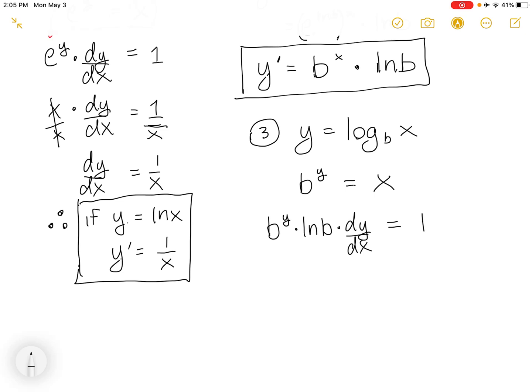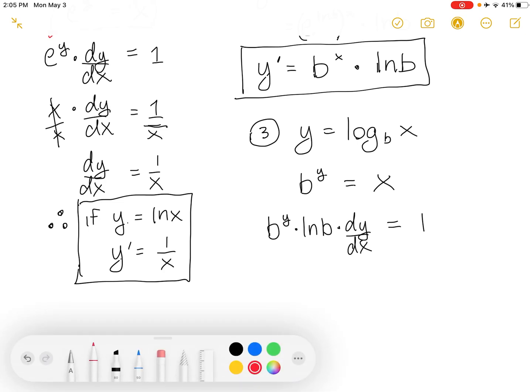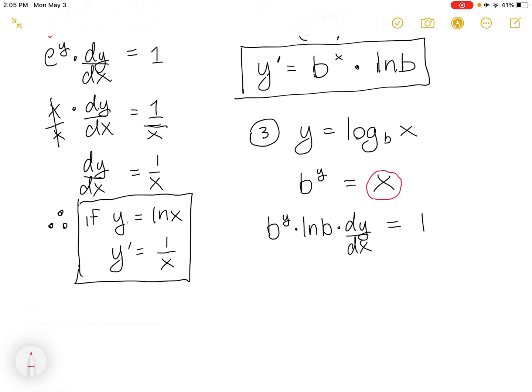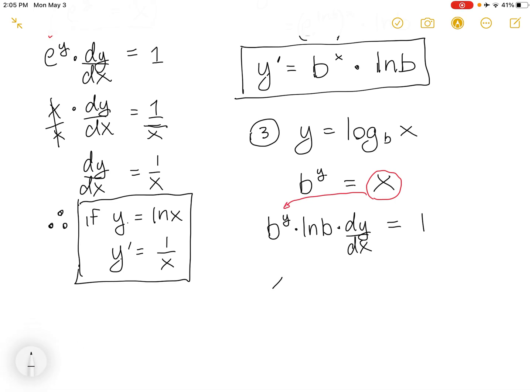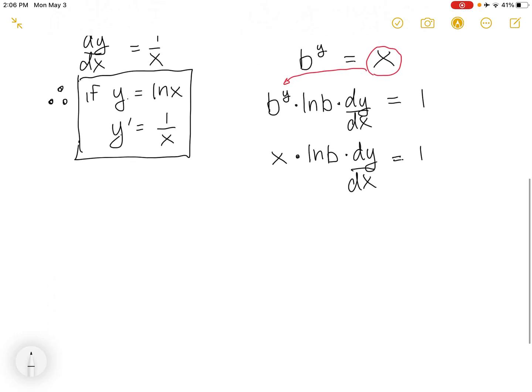Now, b to the y is equal to x, so I can sub it in here. So that's x times ln b times dy dx, and that's equal to 1, which means if I divide both sides by x times ln b, then I will isolate dy dx.